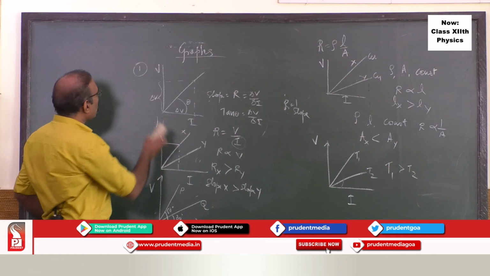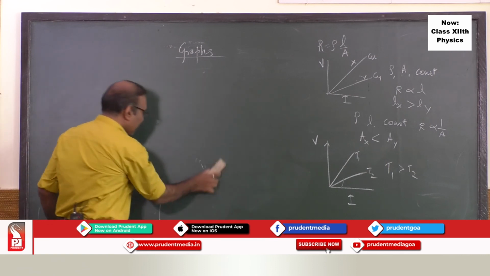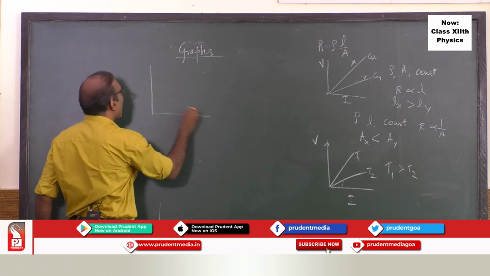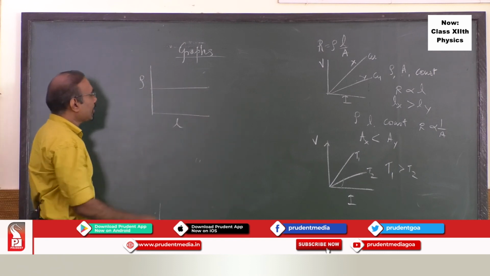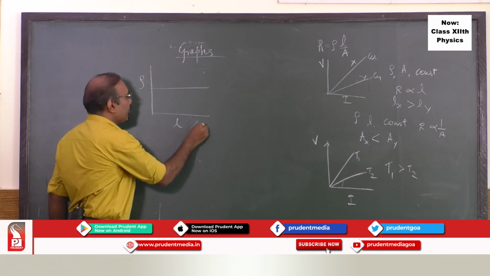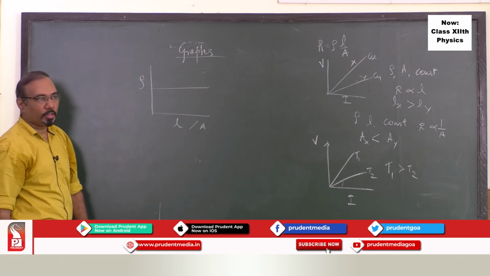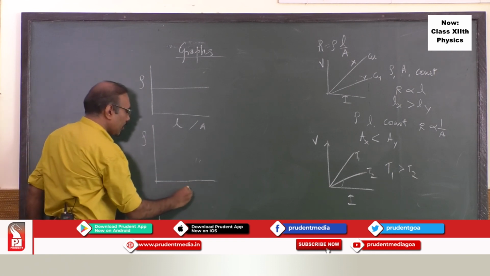Likewise, you can also plot a graph of resistivity and length. If you plot a graph of resistivity with length, it does not change with length. The same graph is for resistivity and area of cross section. It is not depending on area of cross section. We can also compare temperature coefficient of resistivity.